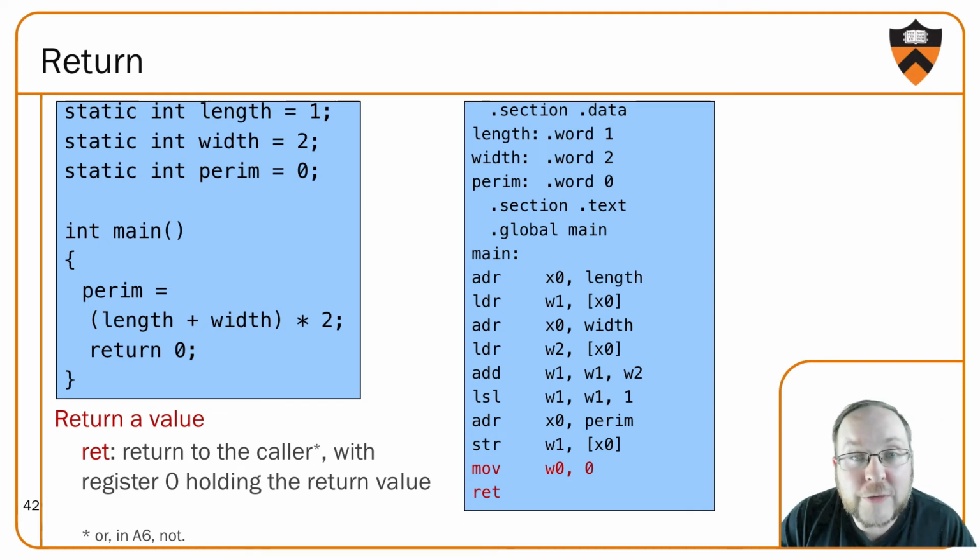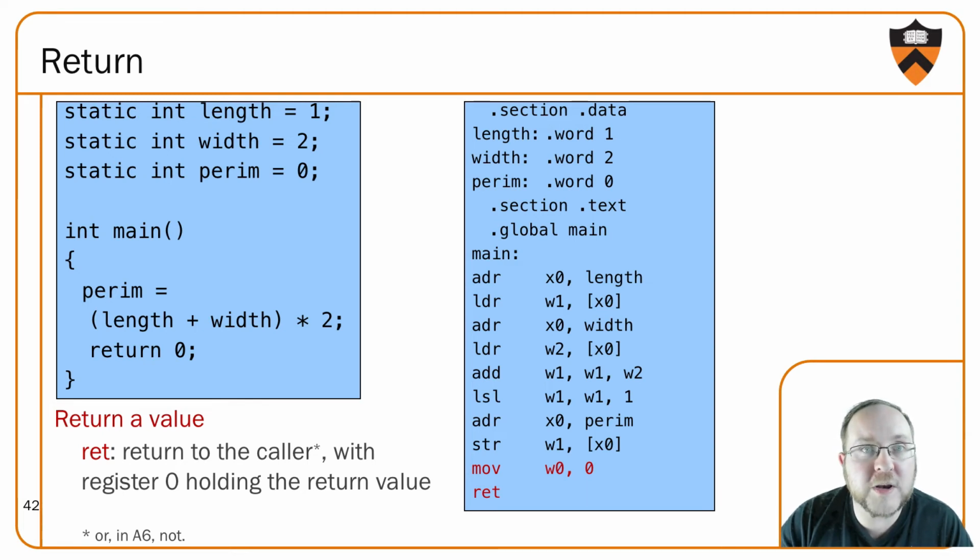Finally, we can finish out the function using register 0. W0 here is because it's an int, to store the return value. Note that we've been using register 0 here, so unlike in toy, the 0 register, the one that's always 0, is not actually register 0. In our ARM, it will be WZR or XZR. So W0 or X0 here is semantically the return value.